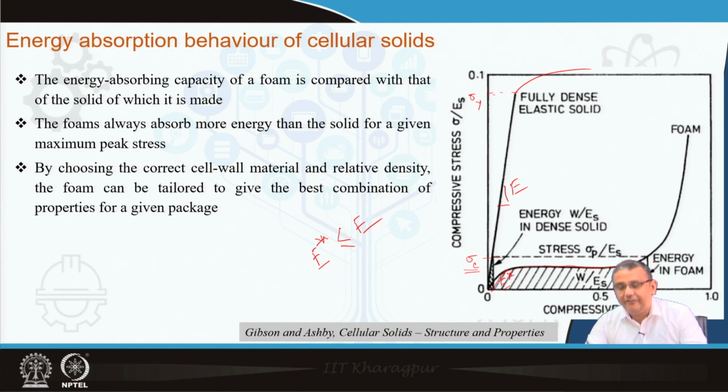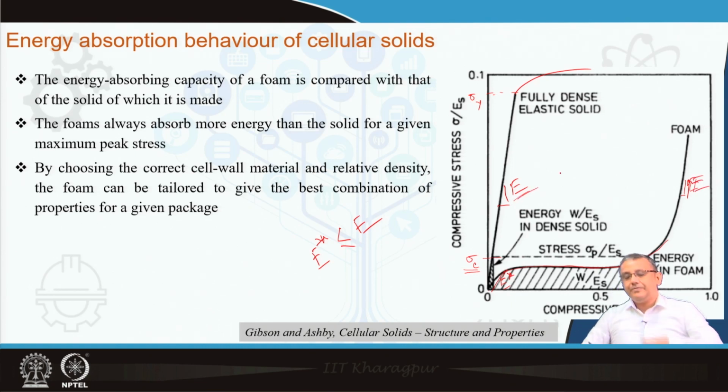And after that, when the foam has deformed a lot, when the opposing cell walls are touching each other or coming in contact with each other, then the foam stress starts to increase, because at this point the slope tends to the value of E. That means, it is not E, but we can write that the slope in this region tends to the value of this E value.